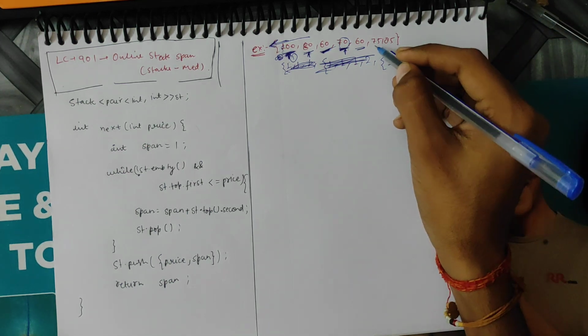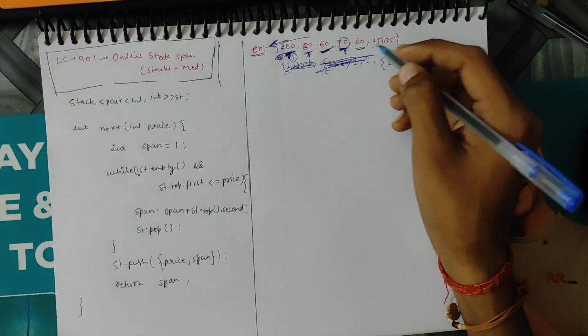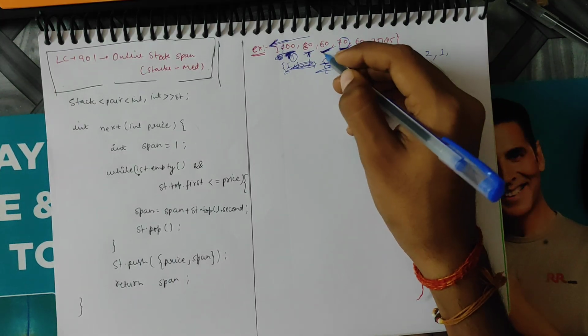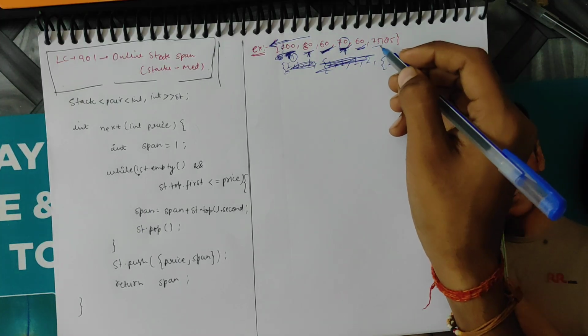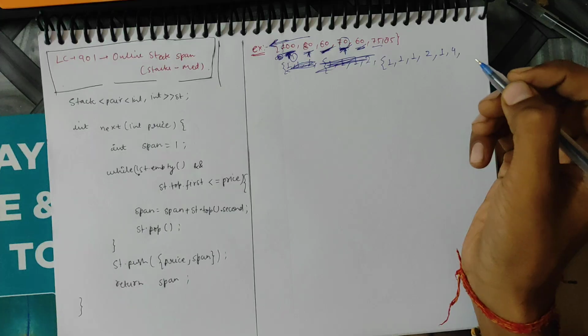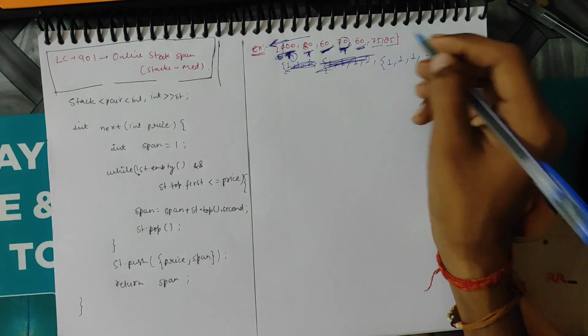Got it? Now we move to 75. Is there any element which is less than 75? Yes, we have 60, we have 70, we have 60. So how many elements? 1, 2, 3, 4. We store 4. Now we move to 85.